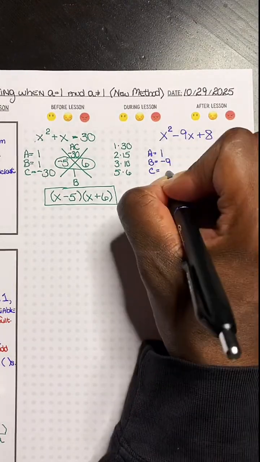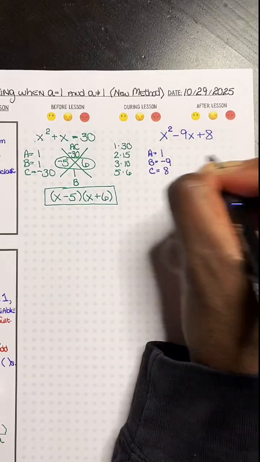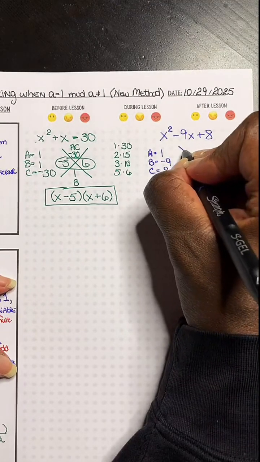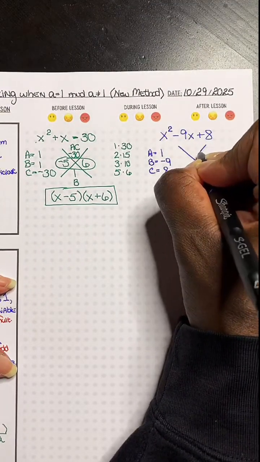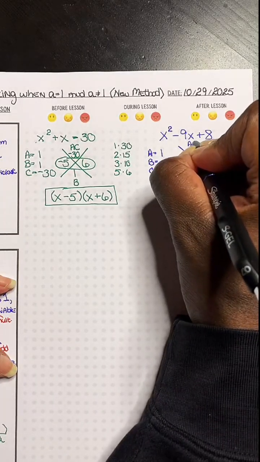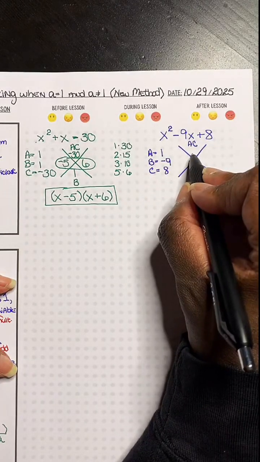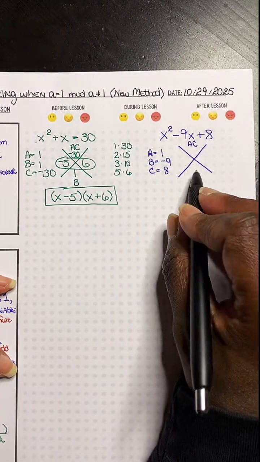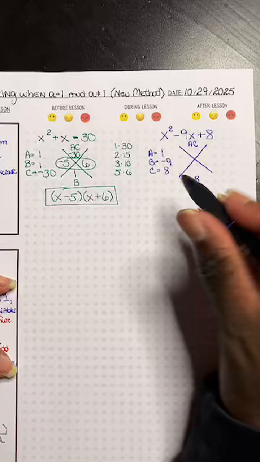And my C is my constant, which is 8. So as we go, I set up my cross. My AC, the answer, is going to go inside this space. I'm going to rewrite my B, and the answer goes inside of this space.